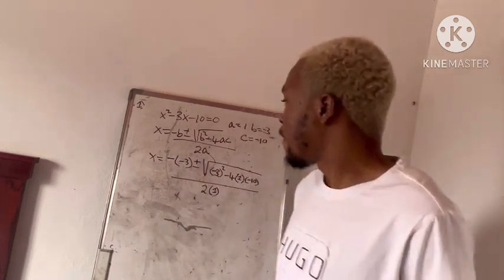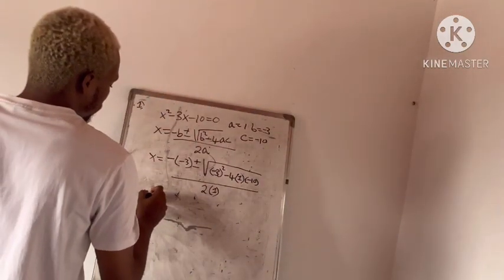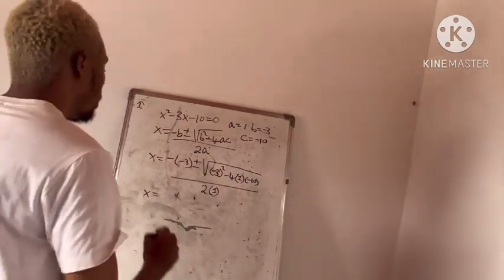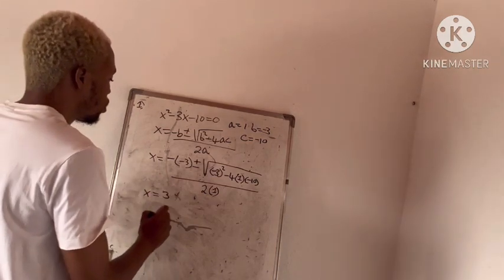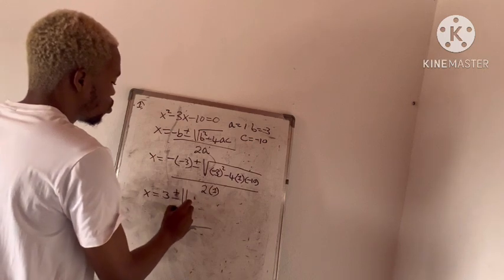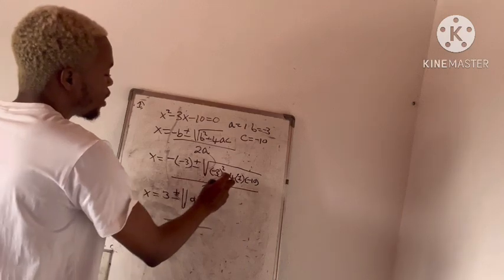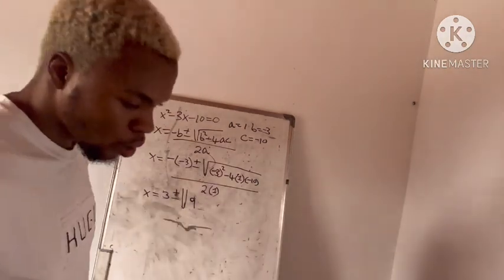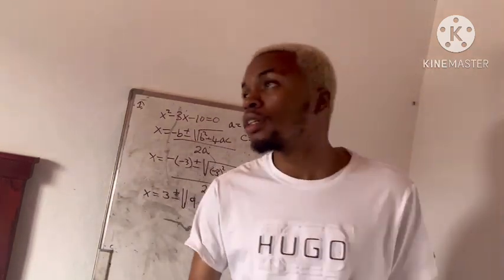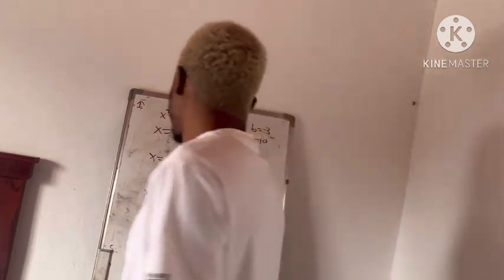Negative times negative 3 gives you 3, plus or minus the square root of negative 3 squared, which is 9, minus 4 times 1, which is minus 4, and minus 4 times negative 10 gives you plus 40.